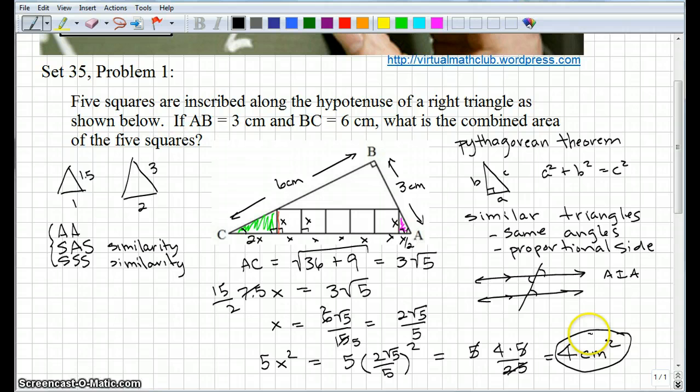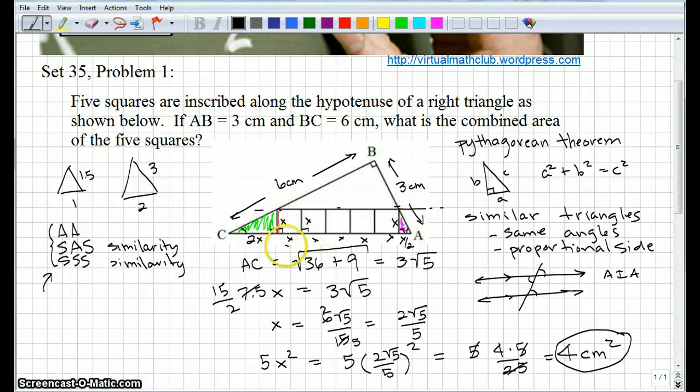Pretty tricky, huh? And it all comes down to knowing how to find similar triangles, and knowing that the sides are proportional. And also, actually we didn't have to use these parallel lines. By definition of a square, these lines have to be parallel to each other, the bottom hypotenuse and the line that's running across the top of these squares.